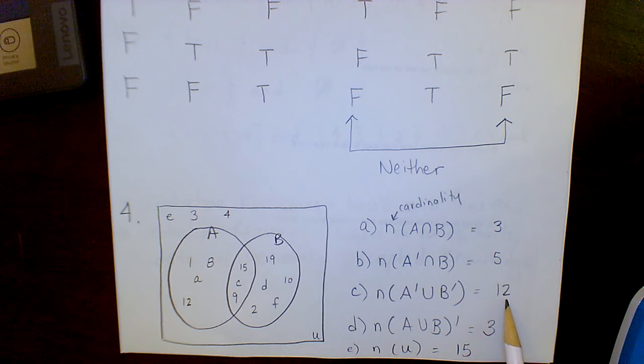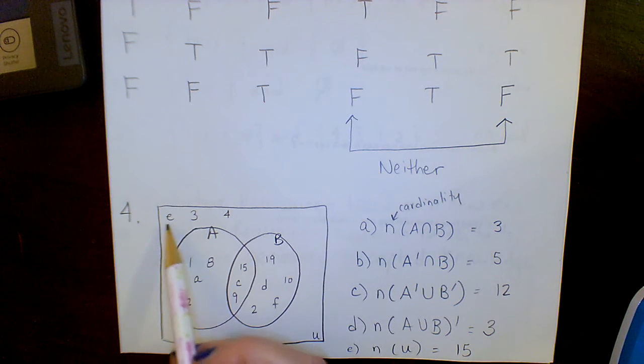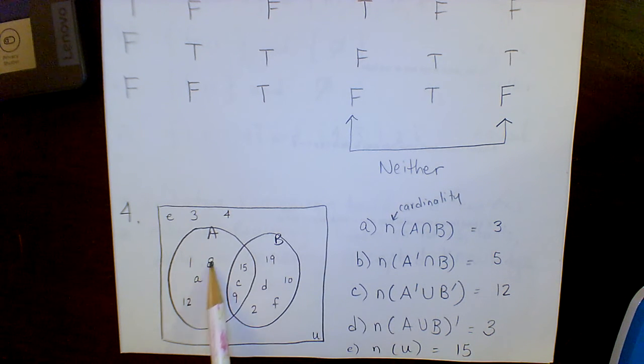So the number of things in that set is going to be 12, because it's 1, 2, 3, 4, 5, 6, 7, 8, 9, 10, 11, 12. Don't count U. U is for the universe. That's not part of those things that are in the set.